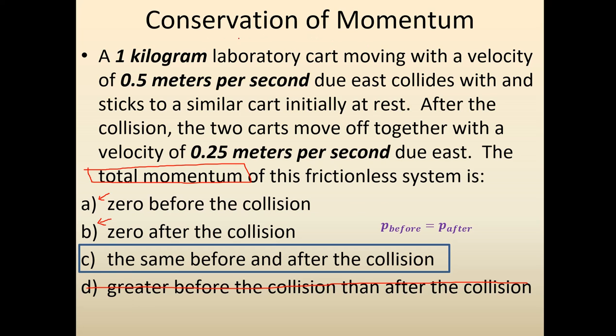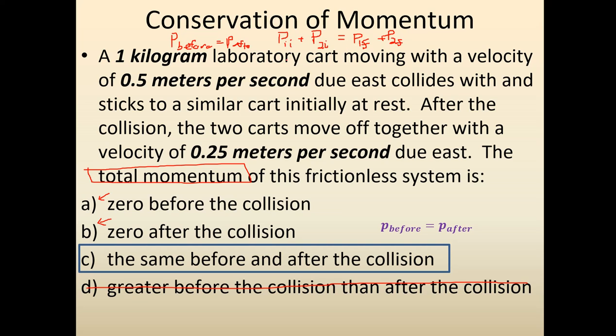As we know, the momentum before equals momentum after. Before the collision, we have the momentum of object 1 initially and the momentum of object 2 initially. And then afterwards, we have the momentum of object 1 afterwards plus the momentum of object 2 after.